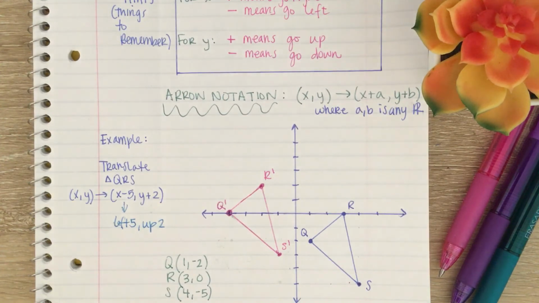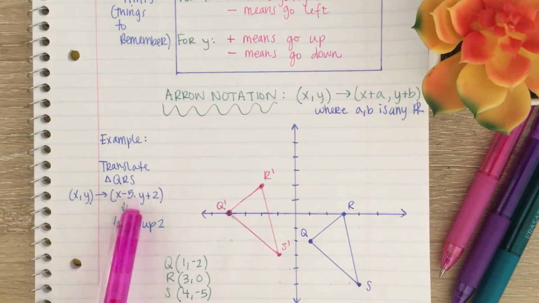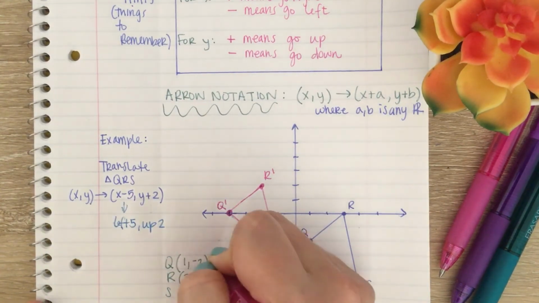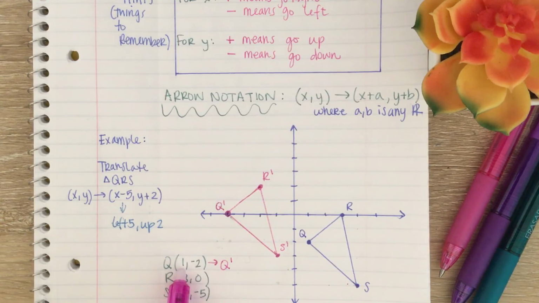Now another way to do this: let's say you just have the points and you don't want to draw it out, graph it, and then use the rule to translate it. You can use your arrow notation from the beginning. This says x minus 5. So all you do to get Q prime is do the x minus 5.